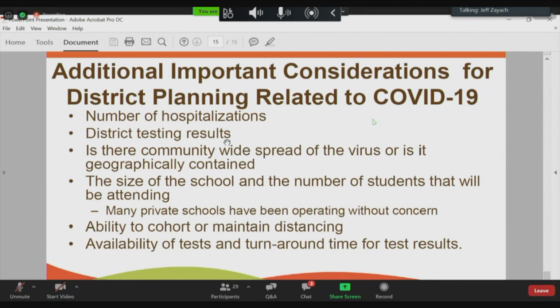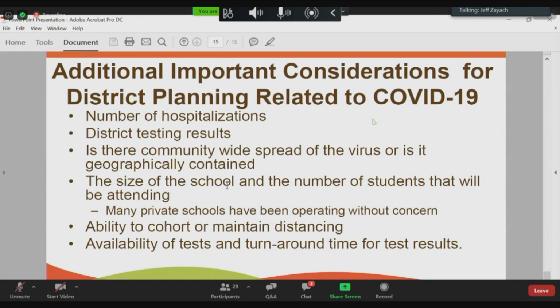I just talked about the community-wide spread, and we'll determine if that spread is staying contained or if we're starting to see more geographic spread in our community. In addition, we have a lot of private schools, as I think you're all aware, that have been operating and are doing great.